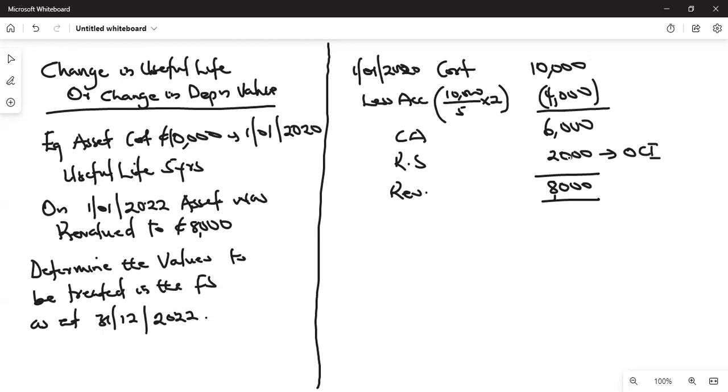But is that all? I want all the financial statements. What will go to P&L? What will go to SOFP? You are just giving me OCI.